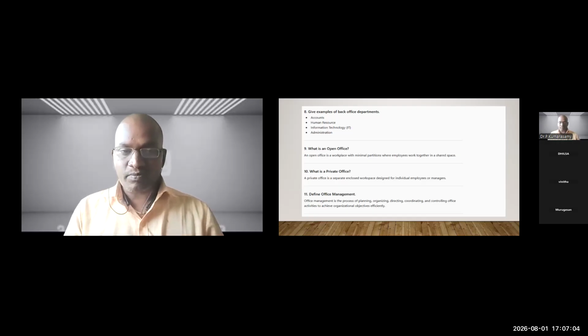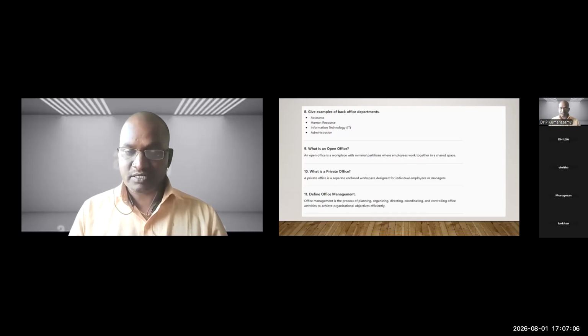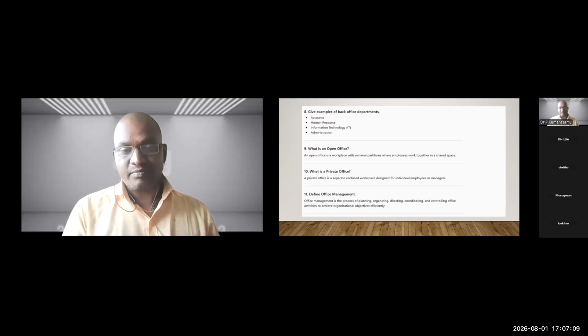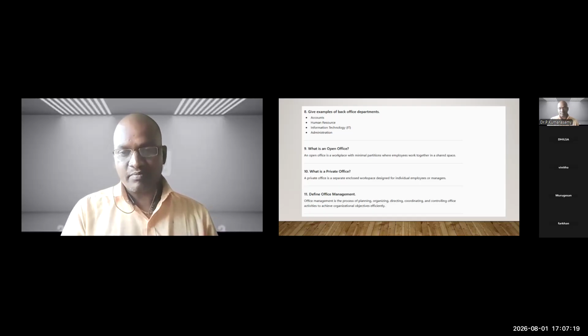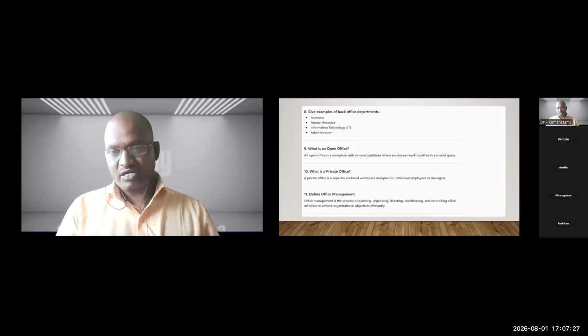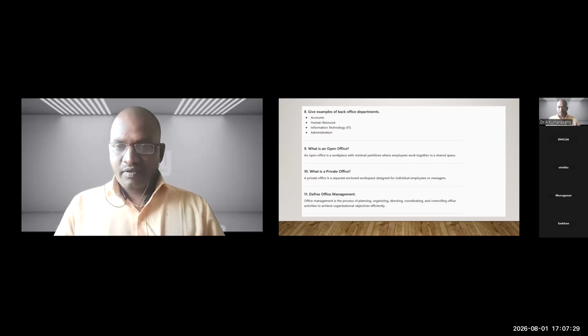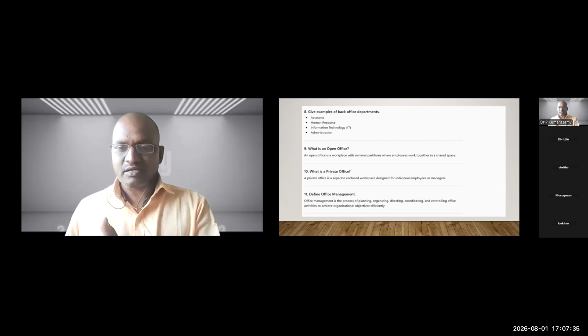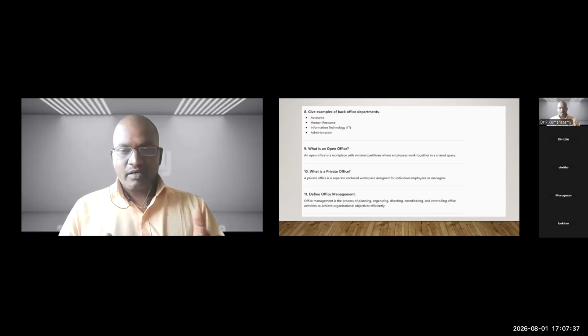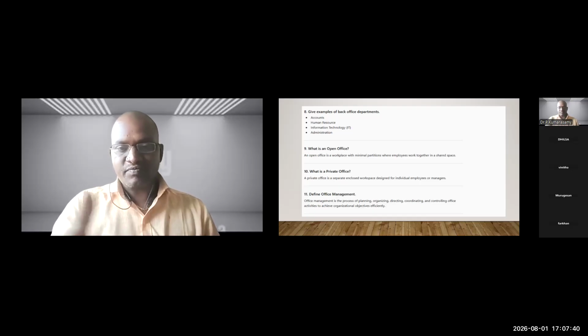So an open office is a workplace with minimal partition, where employees work together in a shared space. Only the space is different. The hall is the biggest hall, and I said the first four tables are the HR department, the next four are the finance department, and the opposite five tables are the logistics department. Only the space is divided into different departments.